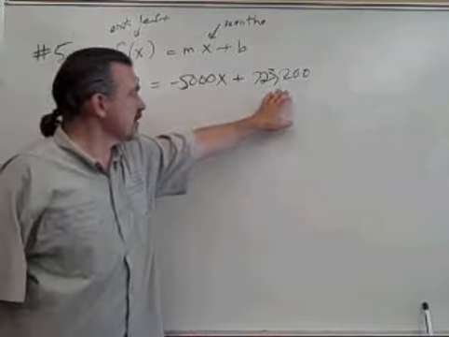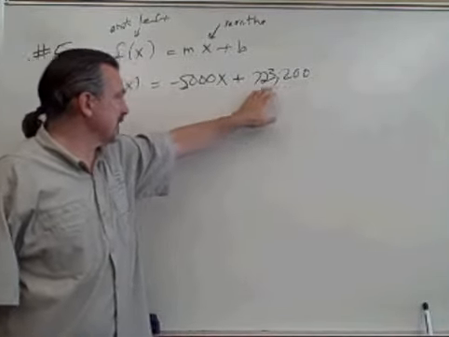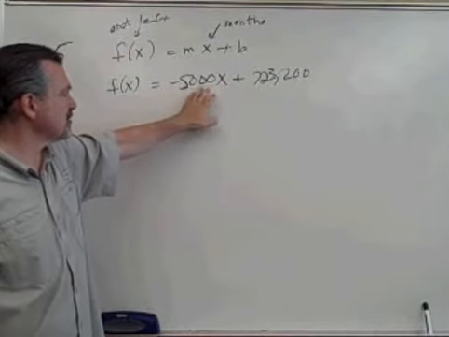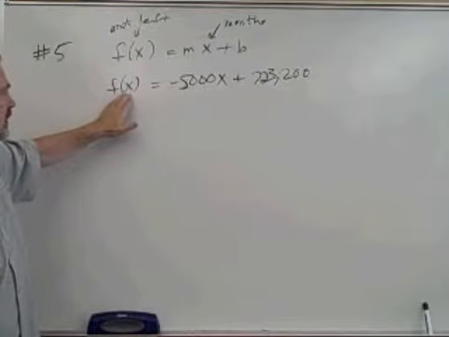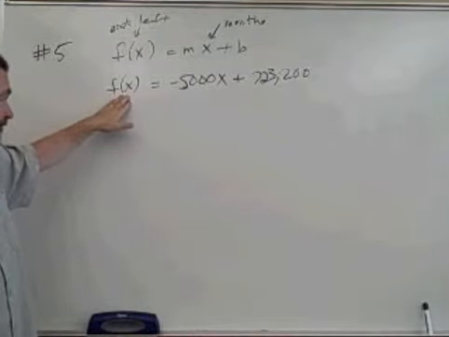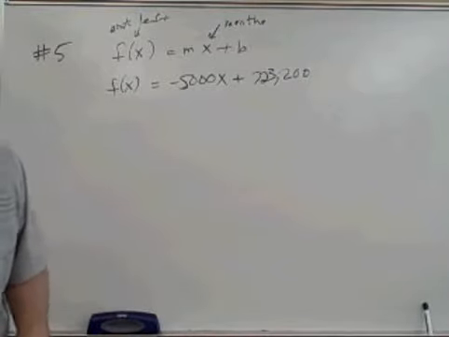So this is what she started with. At month 0, she had that much money, and now every month from then on, she's been withdrawing $5,000. So this linear function tells us how much she would have left. So there's our linear function.